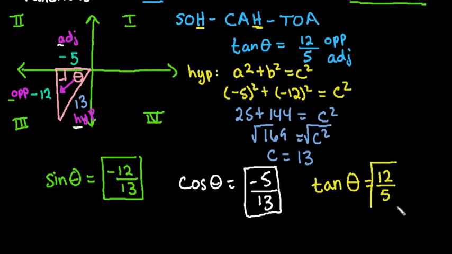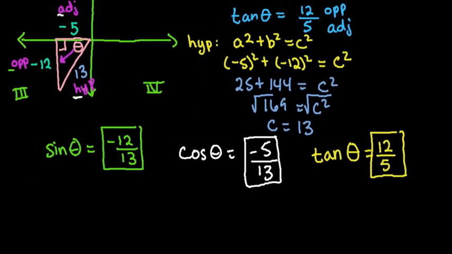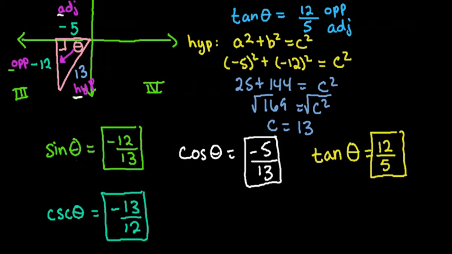From these most common ones, sine, cosine, and tangent, we can find our reciprocal functions to get our other trig functions. Remember that the reciprocal of sine is cosecant, so we just flip this over and end up with -13 over 12. The reciprocal function for cosine is secant, and so secant would be -13 over 5.